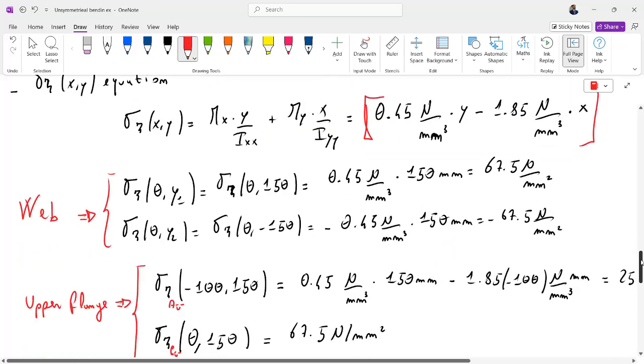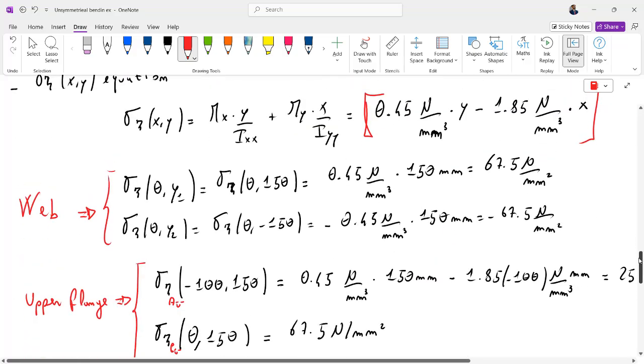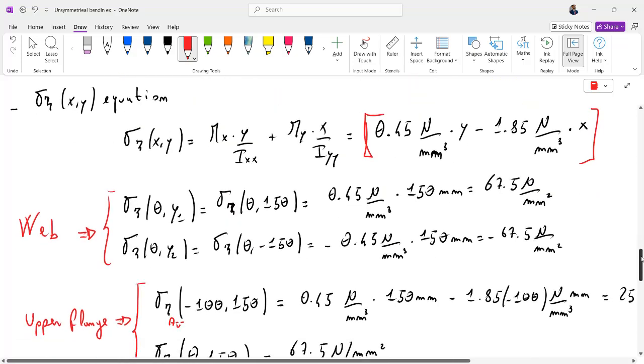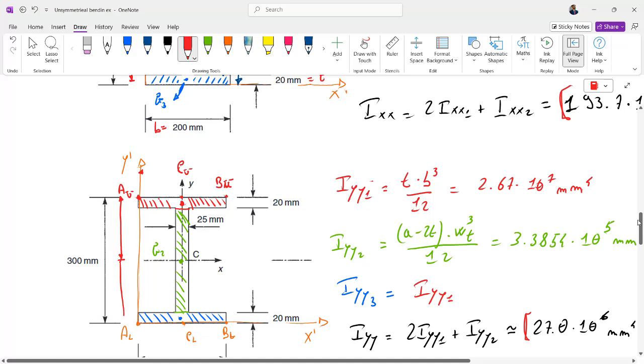So after a little bit of translation for Italian users, we have here a sigma z with x equal to 0 and two y coordinates, y1 and y2. Clearly y1 is this quantity here, and y2, just this quantity, y1 and y2. So upper and lower flange.